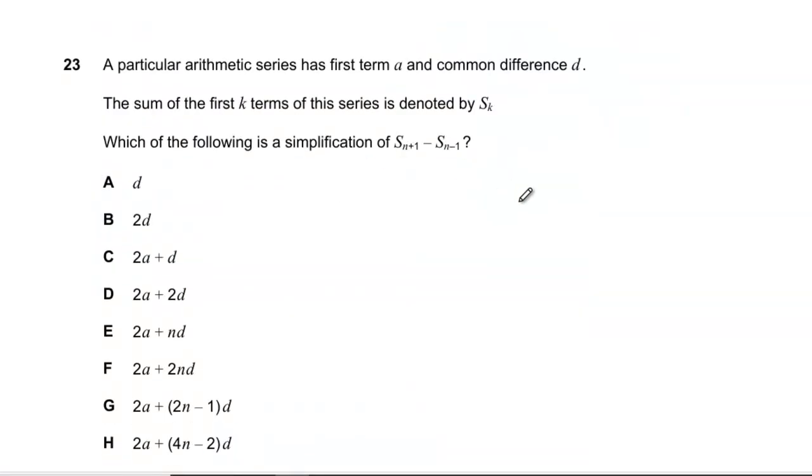A particular arithmetic series, first term a, common difference d. Sum of the first k terms is Sk. Which of the following is a simplification of S(n+1) minus S(n-1)? So we need to get the (n+1)th and nth terms. That's what we're adding up, really. That's the difference between those two sequences.